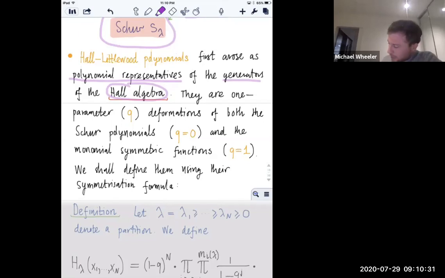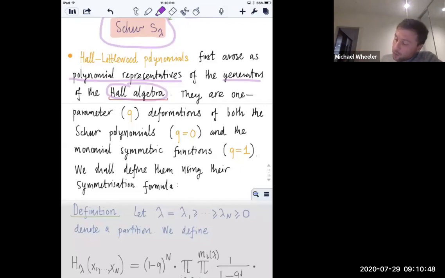They have certain interpretations in terms of finite p-groups, which I'm not going to say anything about. But nevertheless, this is where the Hall algebra comes from.